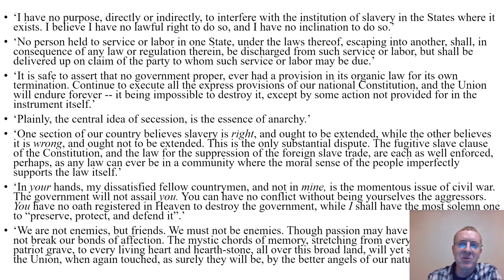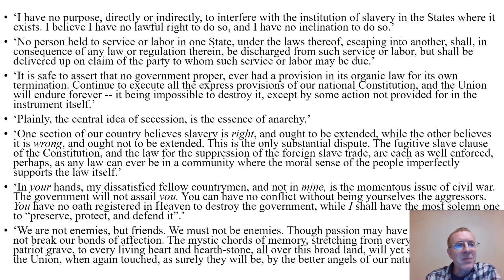Now that is interesting. That is Lincoln endorsing and saying that he fully intends to uphold the Fugitive Slave Act. And Lincoln, as a lawyer, made quite a lot of money filling out the paperwork to return fugitive slaves to their owners in the South.